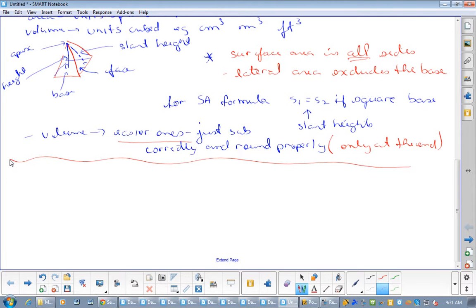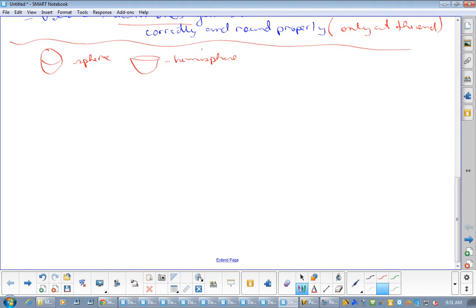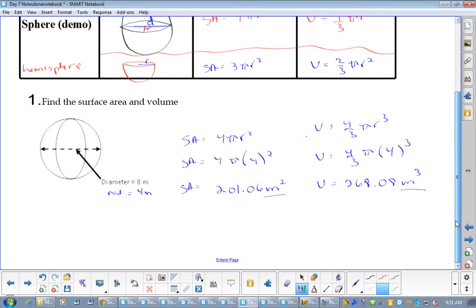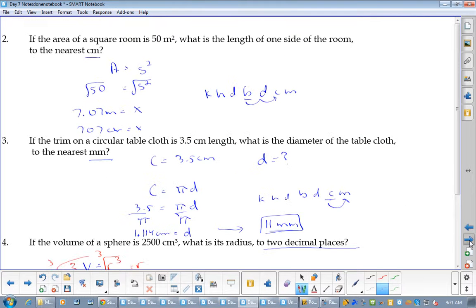So remember, you've got your sphere and your hemisphere. And again, I'll leave it up to you if you want to put just one example down of how to do one of them.